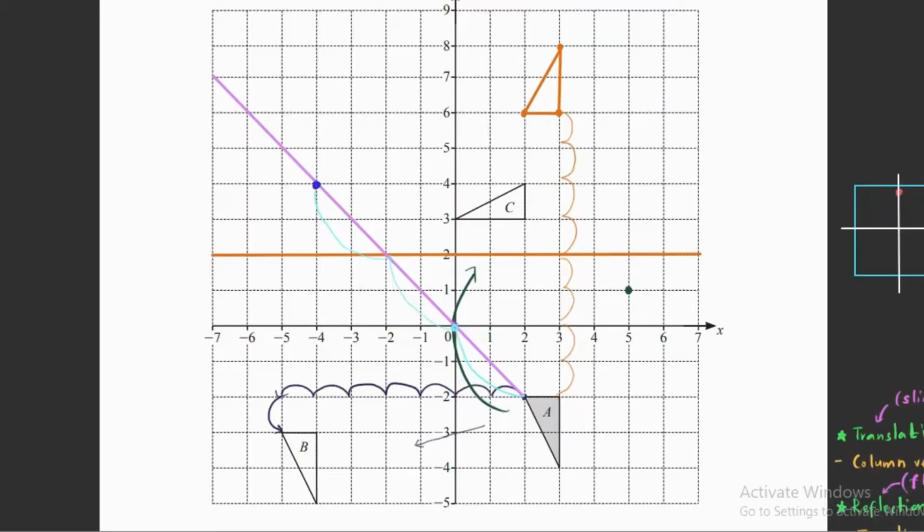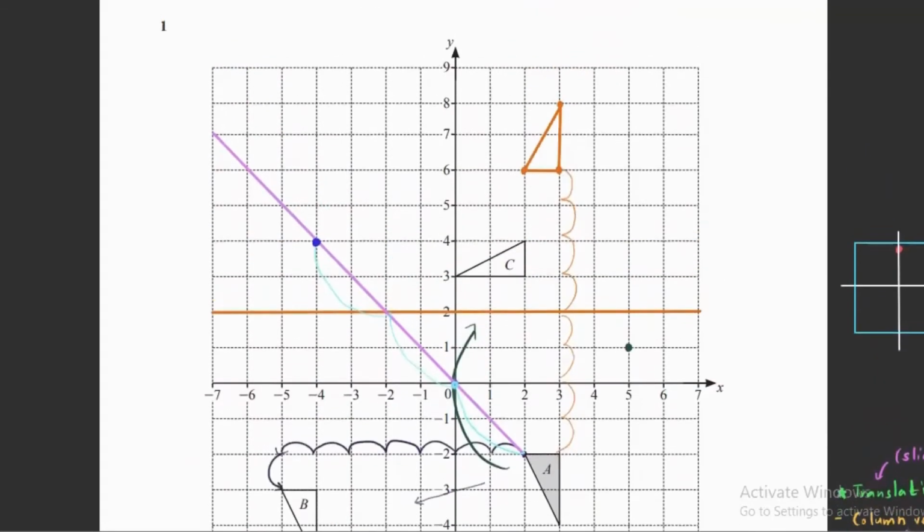We repeat the same thing for the other vertices as well. So I'm going to draw the line for this point here, that goes through the center of origin. This is how it's going to be. Now I'm going to do the same thing again and see how far away it is.